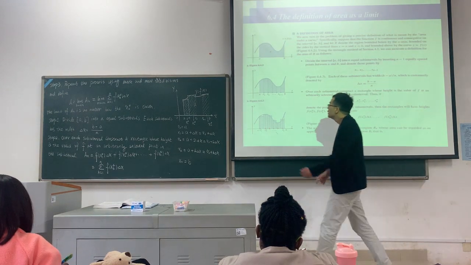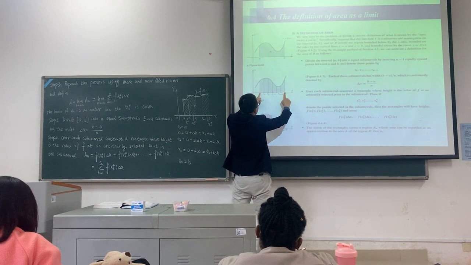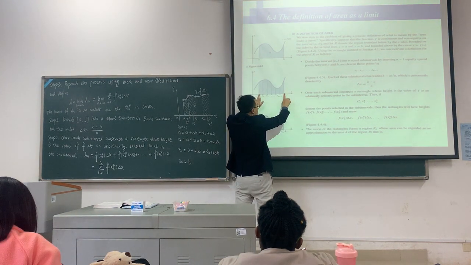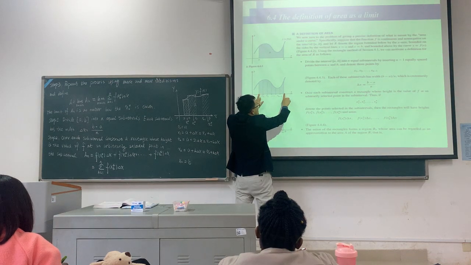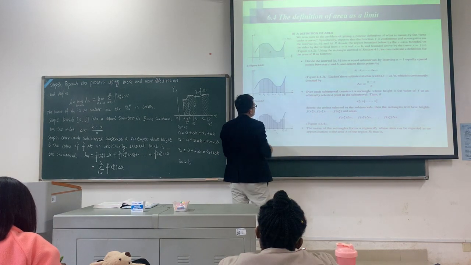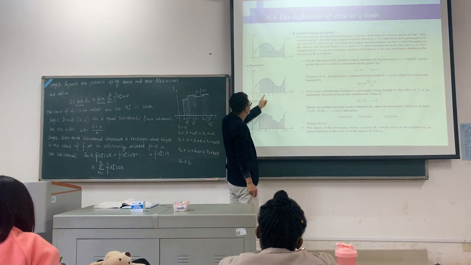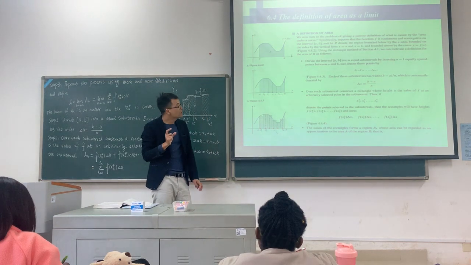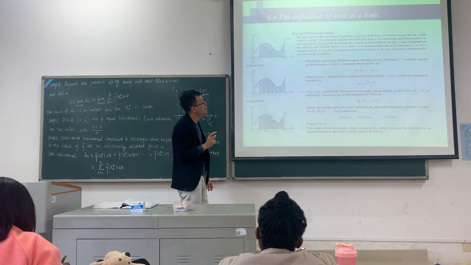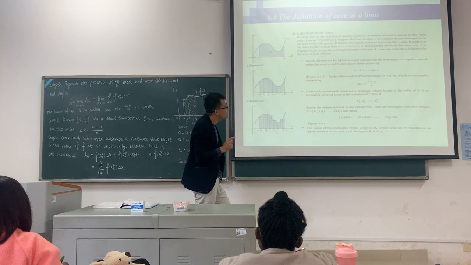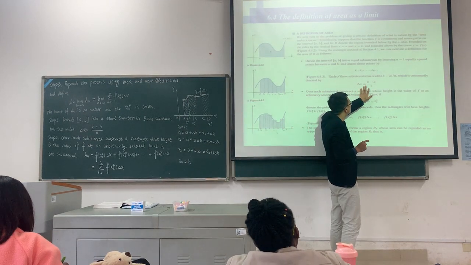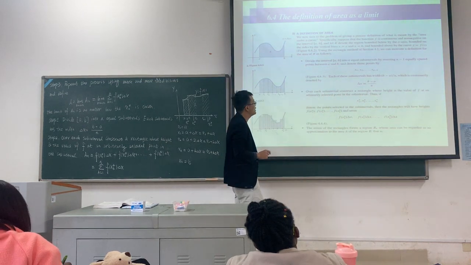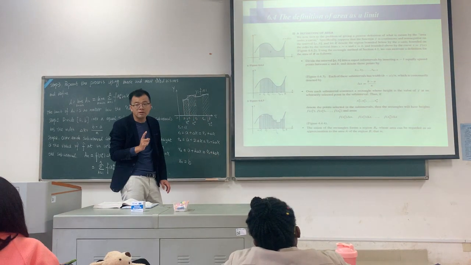So the width of each subinterval is delta x equal to b minus a divided by n. This is the first step.